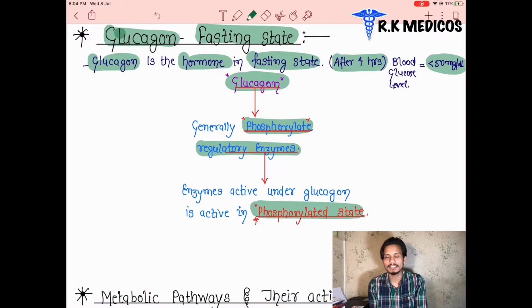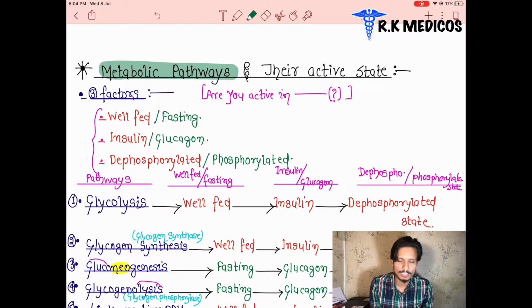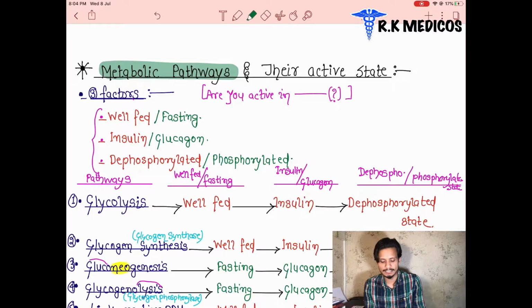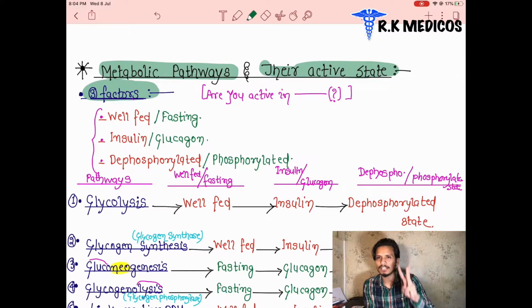In which pathway? Different names are given in the different pathways. Basically we can see here the metabolic pathway, all the metabolic pathways. What is a metabolic pathway? All the pathways where energy is catabolized, where anabolism and catabolism happen, and their active states. There are three main factors we are going to see here, on which we decide how the enzymes get activated and regulated: insulin or glucagon, well fed or fasting state.